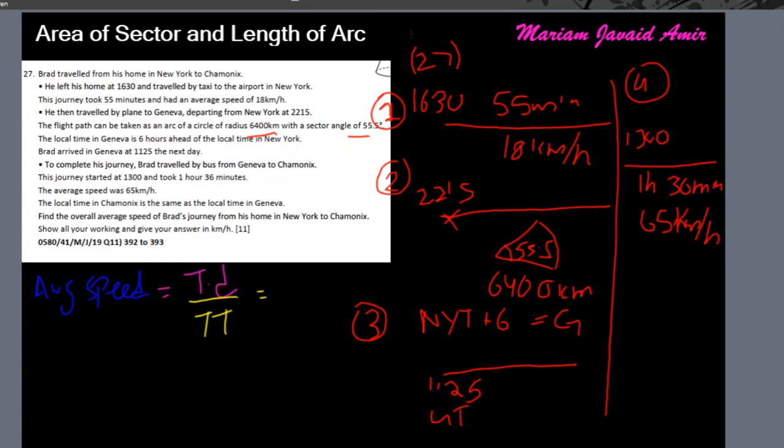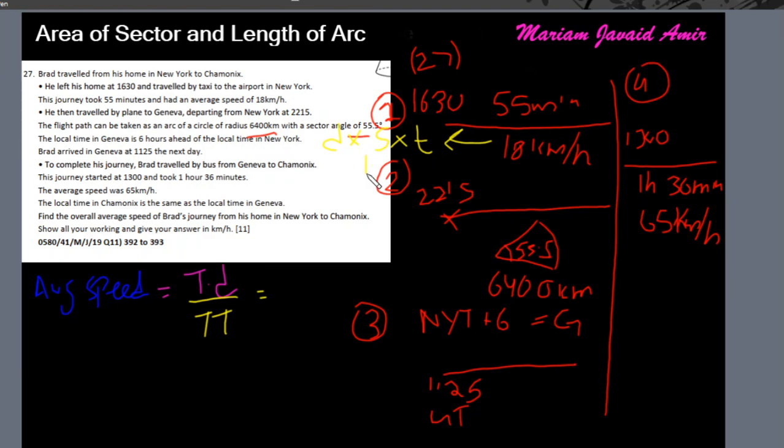So let's read the question again. He left home at 16:30 and traveled by taxi to the airport in New York. The journey took 55 minutes at an average speed of 18 kilometers per hour. So first find the distance for this journey. Speed equals distance over time, so distance is speed times time.